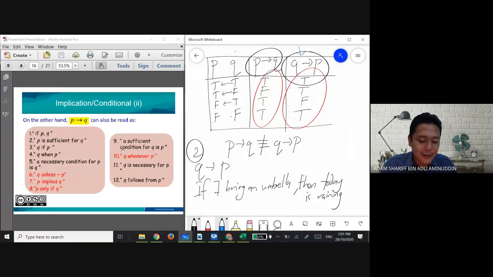If then, sudahlah. During your lesson on modern mathematics, Form 4, mathematical reasoning, dia direct je, if then. Antecedent, consequent. Condition, implication. So if P, it means P is the condition, Q is the conclusion.